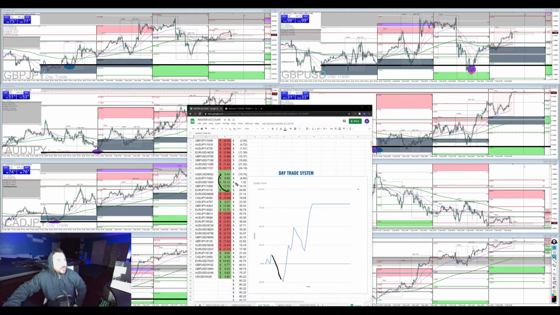And it doesn't take much to get out of the drawdown. You manage your positions correctly, manage your stops, reduce risk.